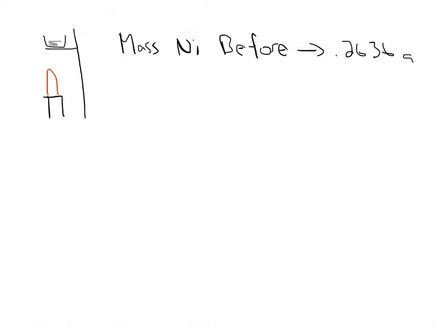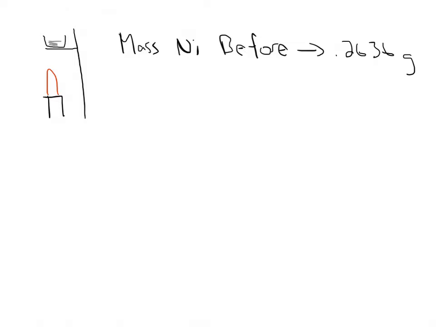Now we know some things about the nickel. We know the mass of the nickel before we start heating it is 0.2636 grams.